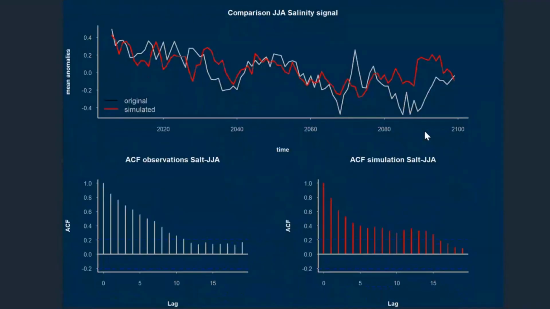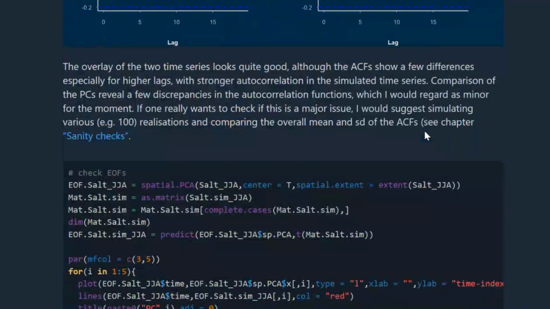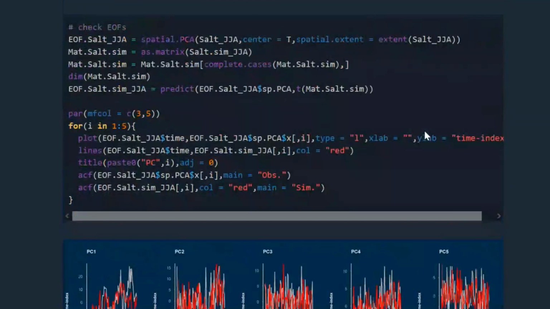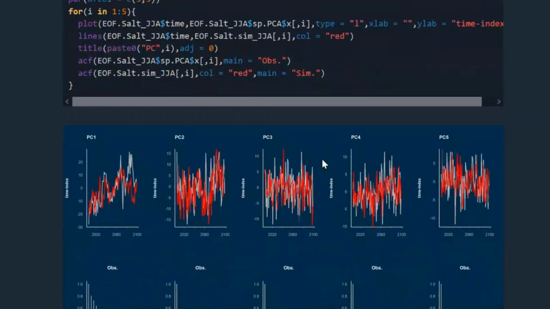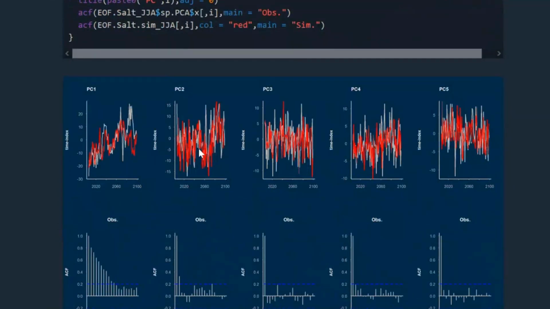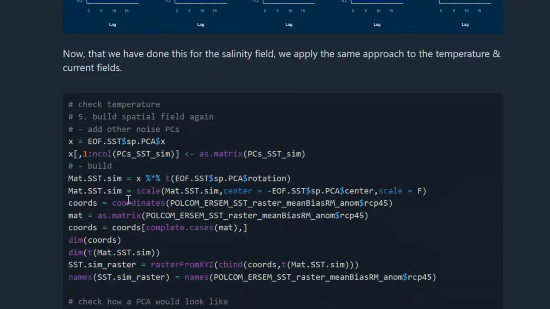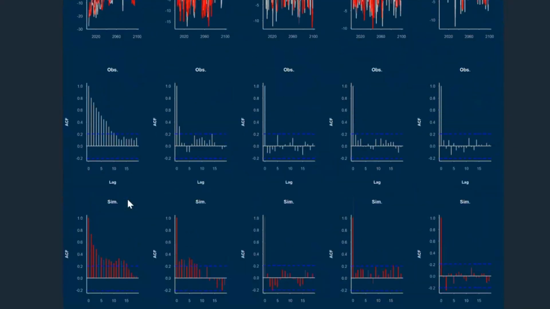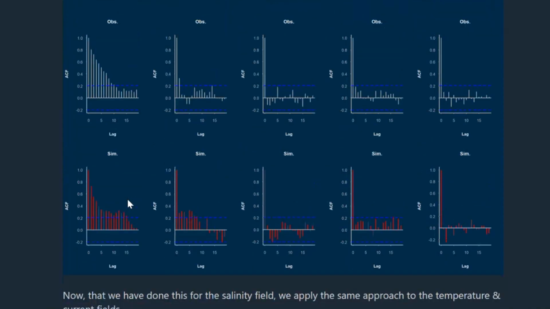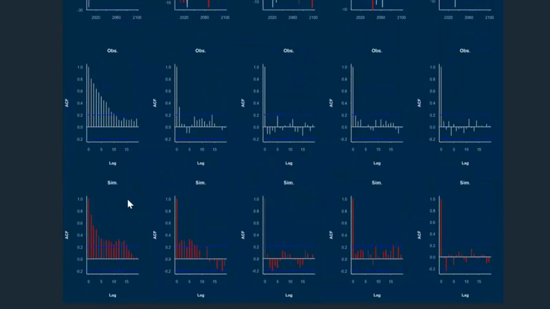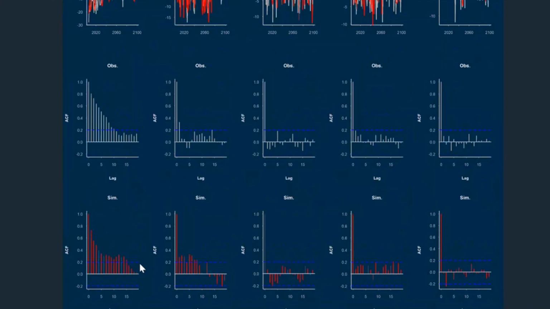Here's again a comparison of the salinity signal, and I compare the different PCs and the autocorrelation functions again. So a lot of comparisons, to see if this really makes sense. And I would say it does, because the shapes of the ACFs look quite similar.